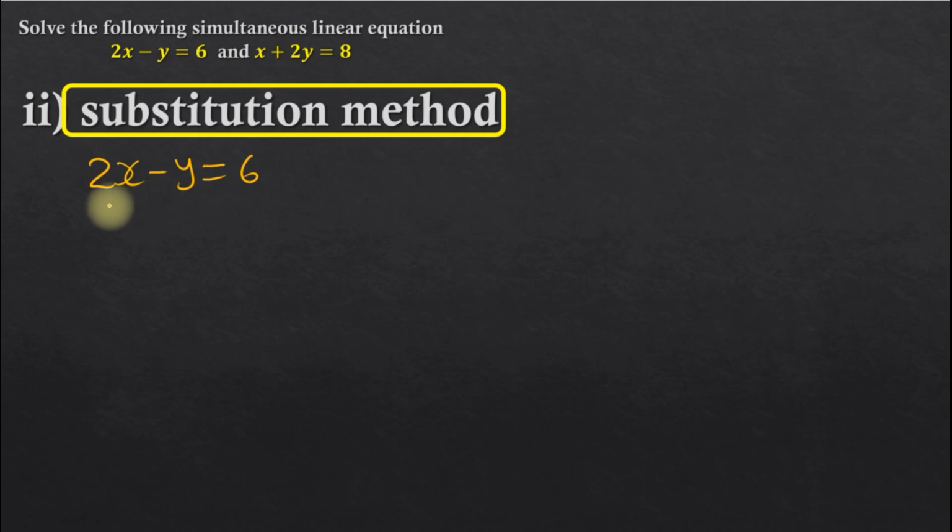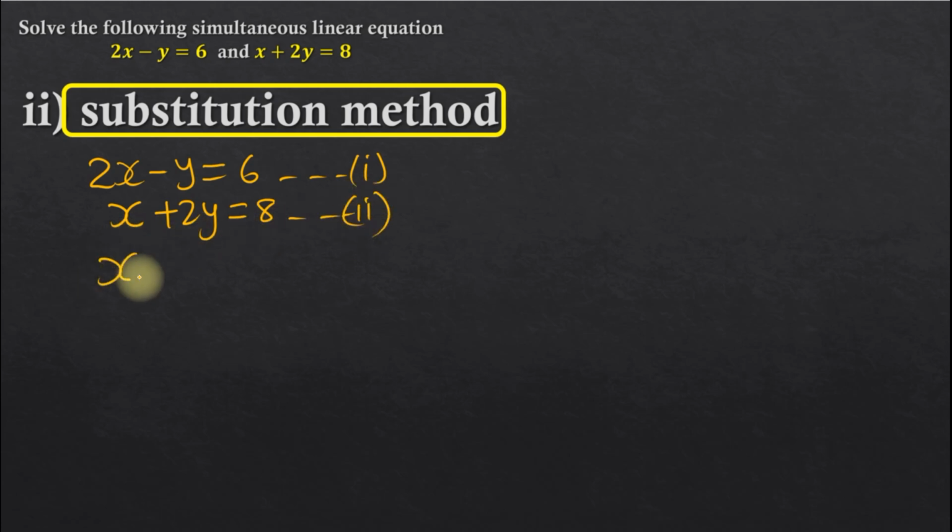So x is equal to 8 minus 2y. Let me call this equation 3.